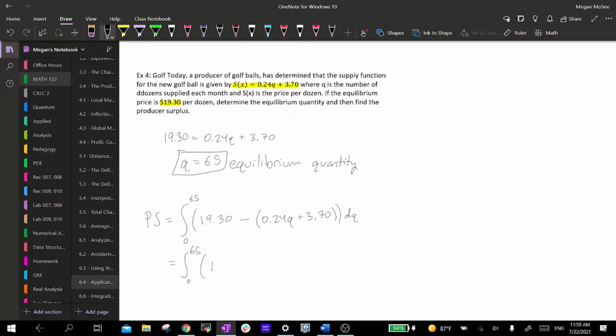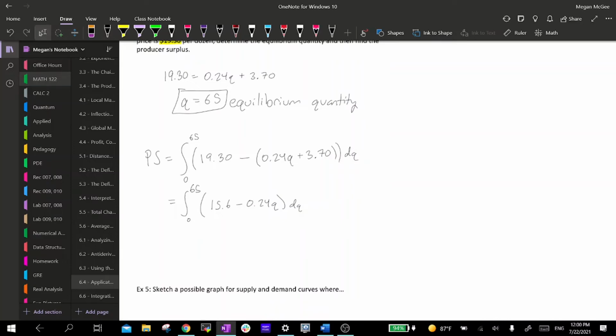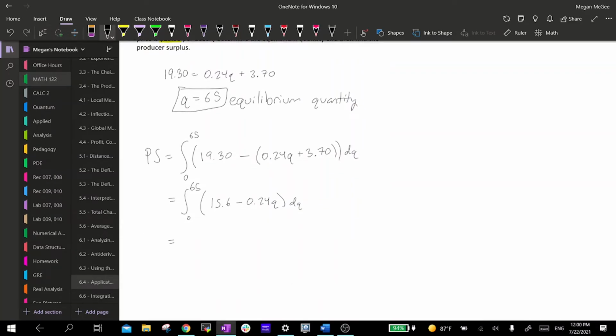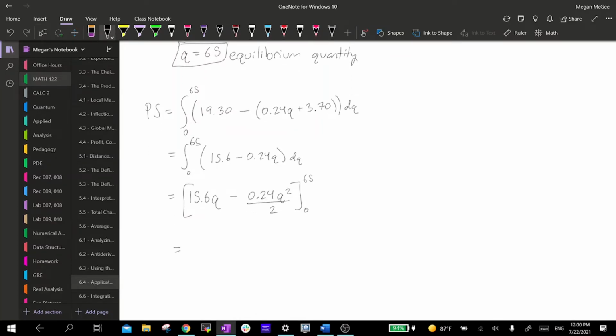We end up with 15.6 minus 0.24 Q. So we get 15.6 Q minus 0.24 Q squared, but then divided by 2, evaluate that from 0 to 65, and eventually we will end up with 507. So 507 is our producer surplus.